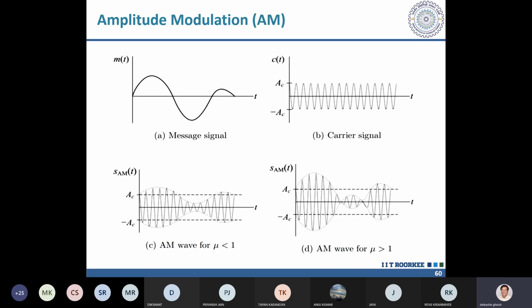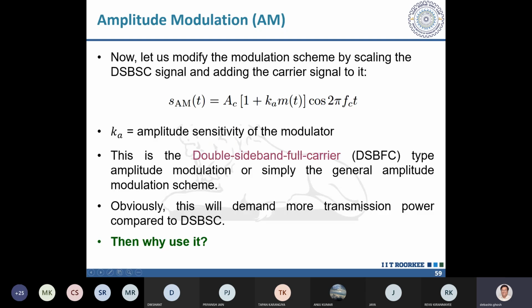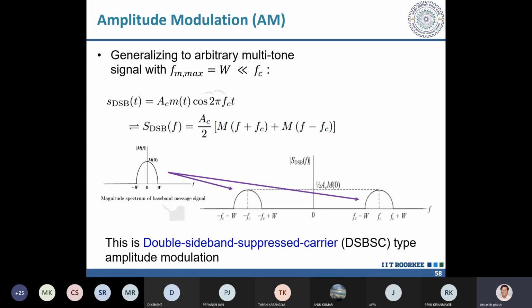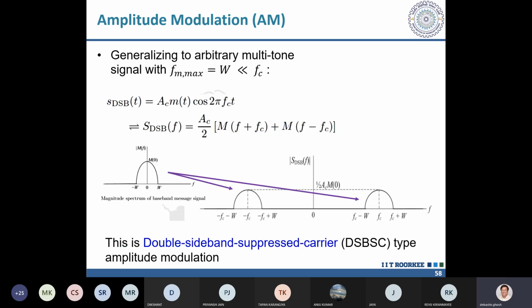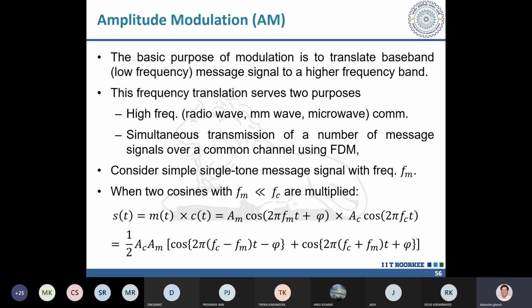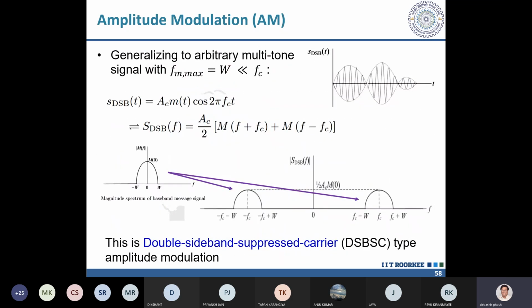Pictorially, I am showing how the waveforms look. This one is the double sideband.